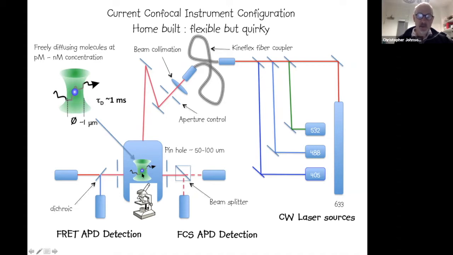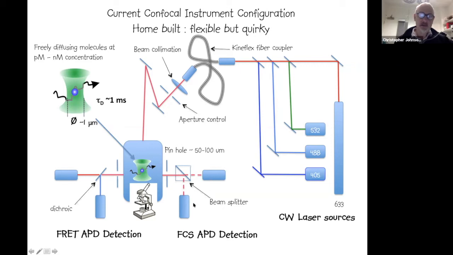In terms of the data that we can collect, we can use the prism within the microscope to direct the photons that we collect from our sample into an FCS based system, where we have a beam splitter and then two avalanche photodiode detection systems.